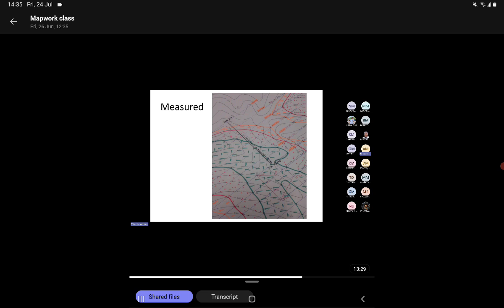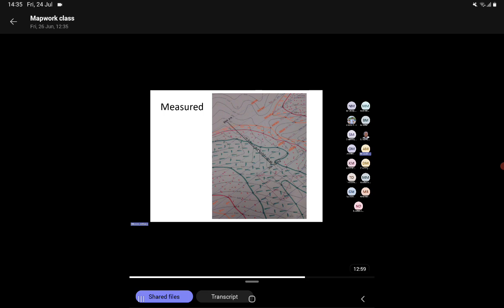They said they want a horizontal thickness from your limestone, so from the base of limestone till the top of shale. So if you are going to measure it from the map, use one strike line of lower contact and look for the same strike line value of upper contact of the last rock unit. In this case, lower contact limestone we use 330, then we look for 330 shale.